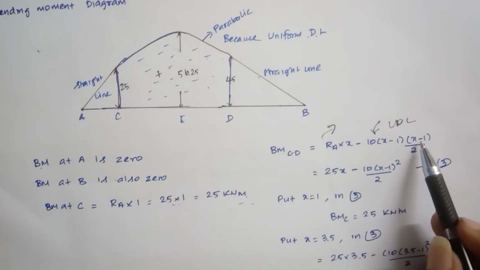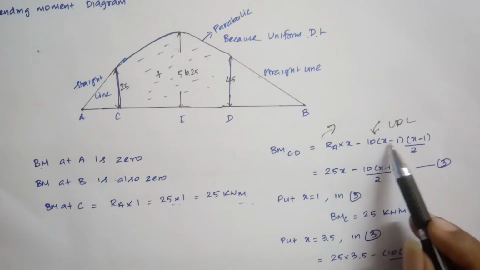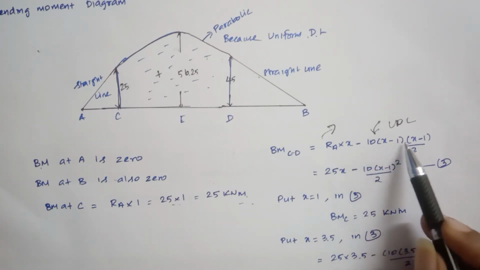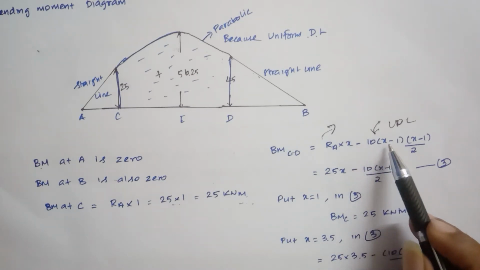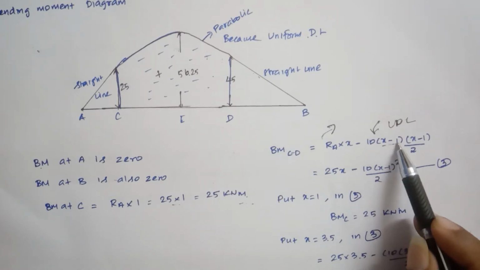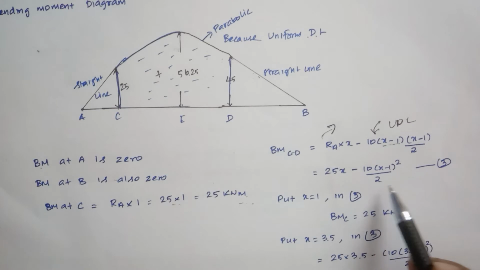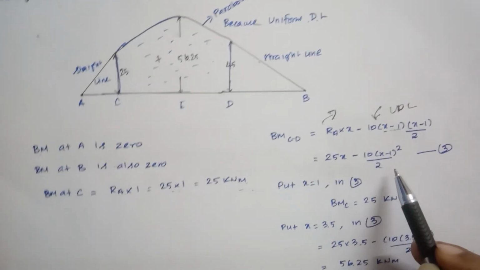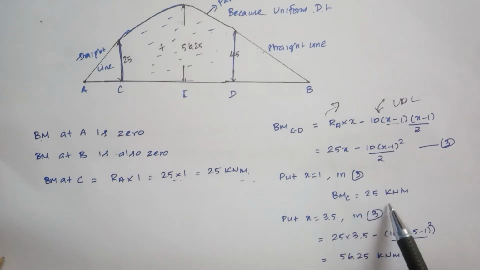We are taking from point A, so we use x minus 1 because the UDL starts 1 meter away from A. Here 10 is the UDL in kilonewton per meter, (x minus 1) is the distance over which it acts, and half of it is the midpoint of the distance. After solving the equation, we put x equal to 1 to find the bending moment at C, which is 25 kilonewton meter.